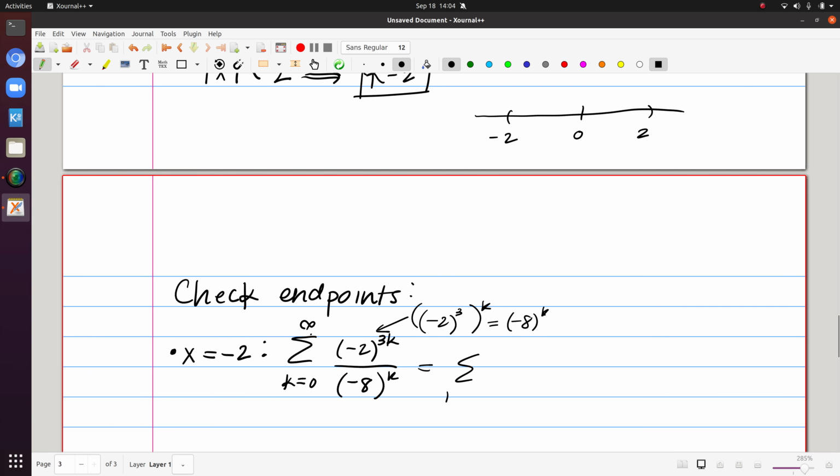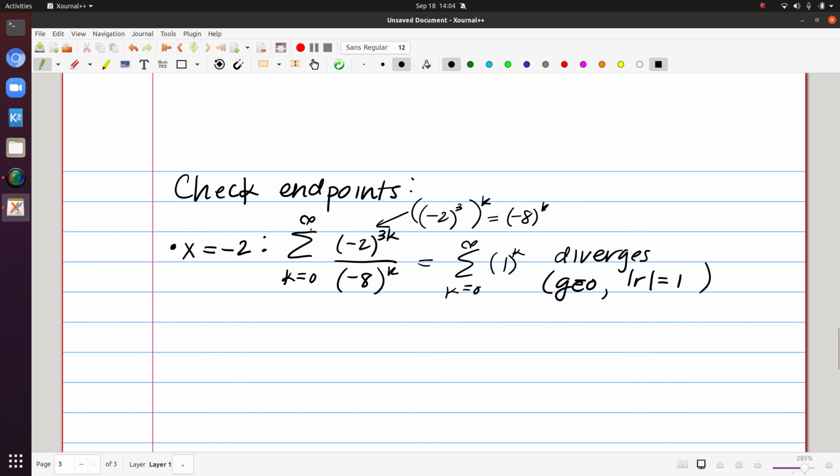So what happens here is this simplifies to just the sum of a series whose terms is 1. You could think of this lots of different ways. You could think of this as 1 to the k and say that it diverges because it's geometric with r an absolute value equal to 1. And of course, we need strictly less than 1 to converge. You could also use the test for divergence to say that the terms don't go to 0. But one way or another, we're going to see that we get divergence on that.